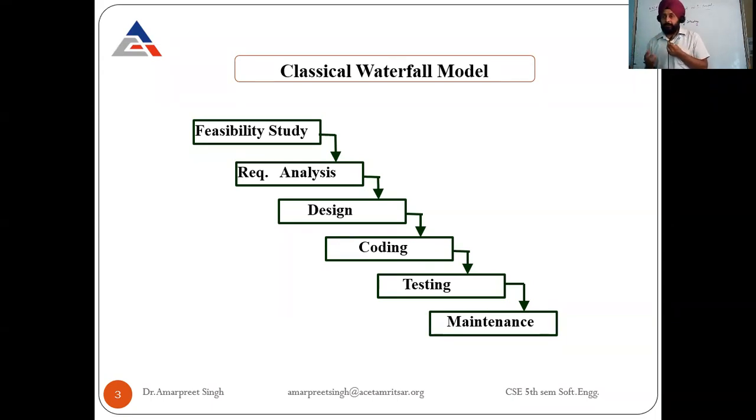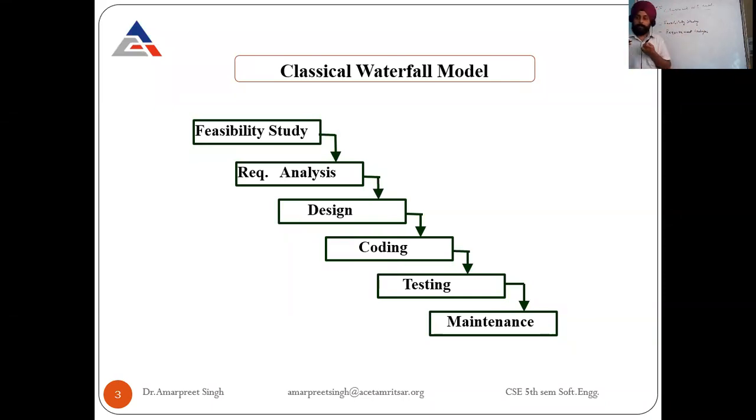then we come to the next phase, where we go for requirement gathering. We gather all the requirements, either functional or non-functional requirements. So after the feasibility study, we have the requirement analysis phase.